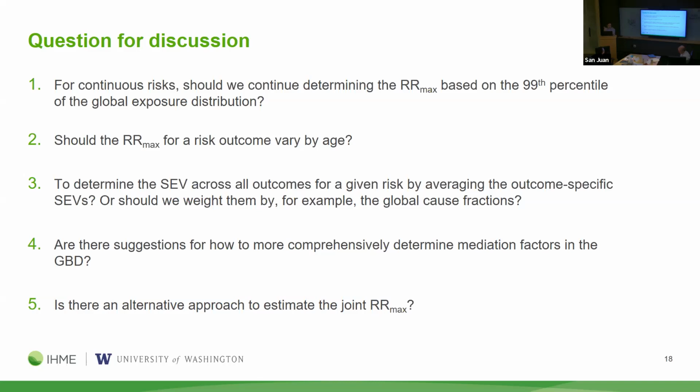Okay, so my last question for discussion was alternative approaches for estimating the joint relative risk, but we've already discussed using simulation as an alternative. Who's going to write that? The simulation? I thought Pong was doing it. No. Because you need to do this every year, right?